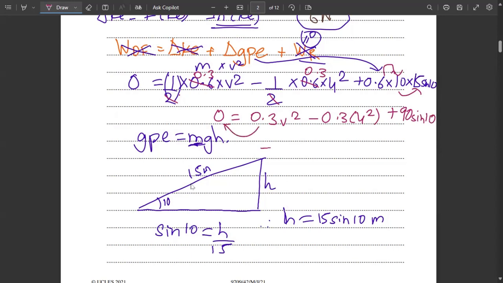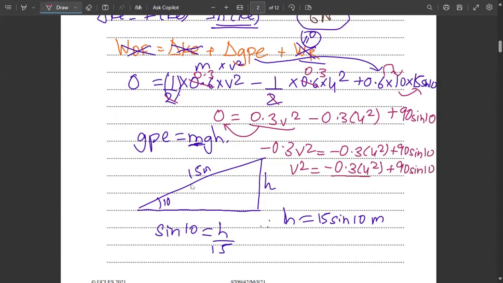And now let's rearrange to make v the subject. So the entire thing will go there. So 0.3 v square becomes minus 0.3 v square equals minus 0.3 into 4 square plus 90 sin 10. Then v square is equal to minus 0.3 into 4 square plus 90 sin 10 upon minus 0.3.